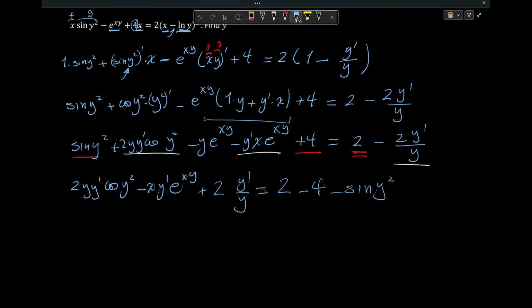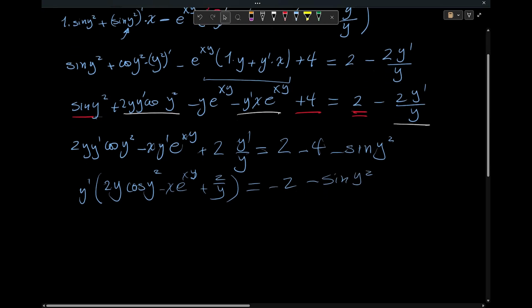Factor out y prime. 2y cosine y squared. In the second term, I have an x e to the xy. In the third term, I have just a 2 over y, equals 4 minus 2, minus 4 is negative 2, minus sine y squared. Okay.